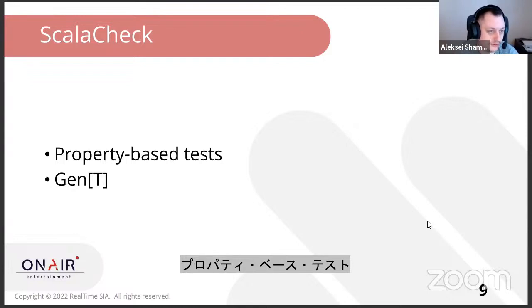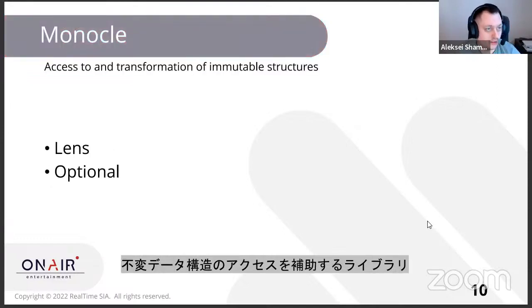It's a generator that randomly creates a value of T that is used in test logic. The second library is Monocle for accessing and transforming immutable structures. There are lots of different optics, but today we are interested in Lens and Optional.